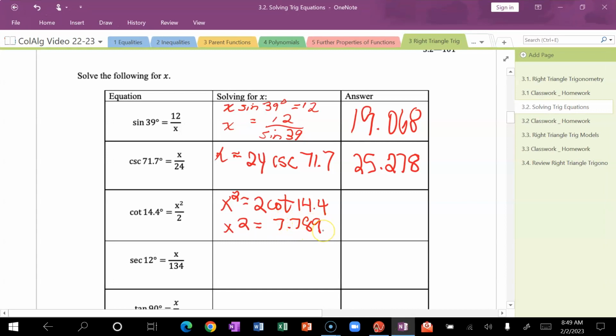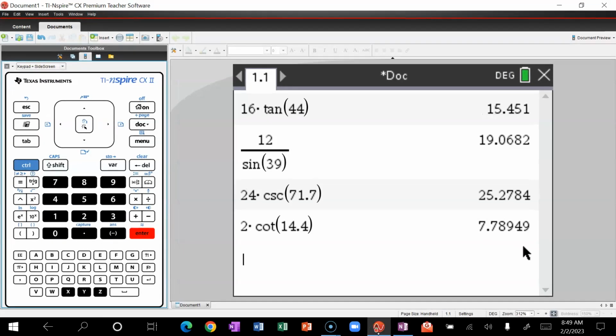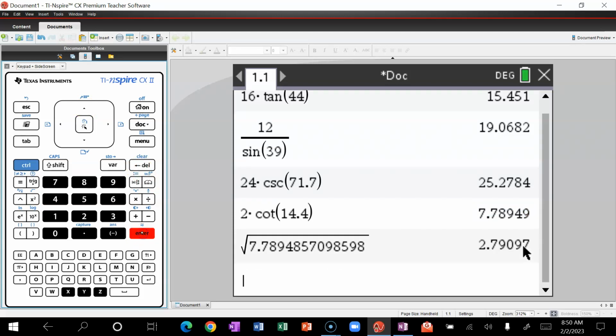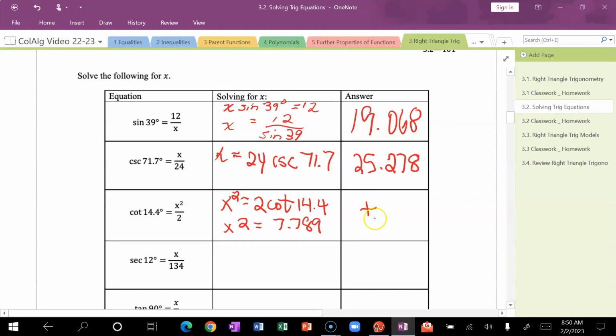Well, that's x squared. So x is going to be plus or minus the square root of that. On my calculator, I can just take the square root of that number, so 2.79. Your answer here is plus or minus 2.79.